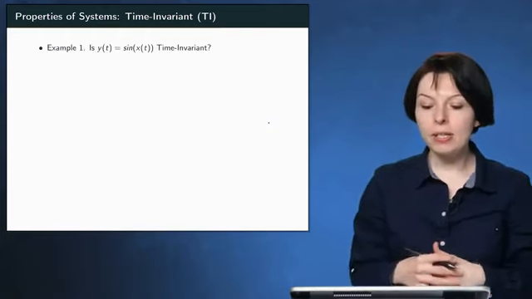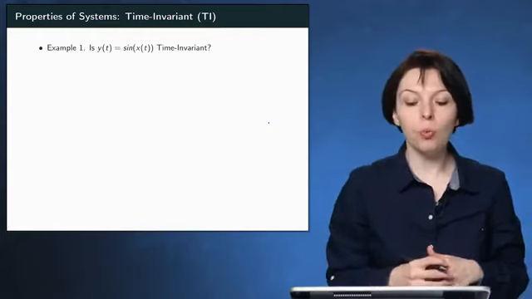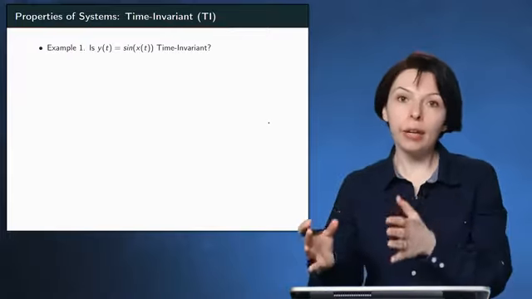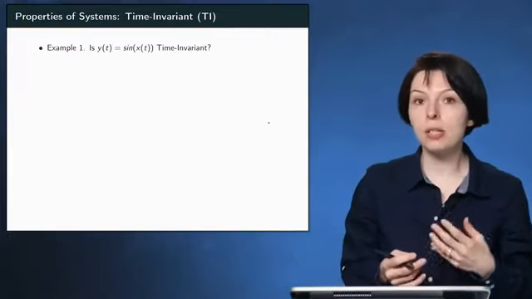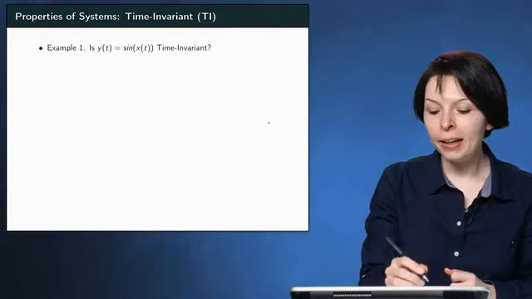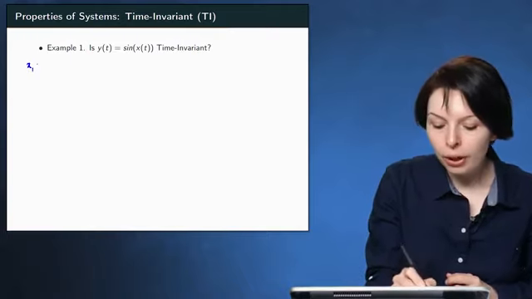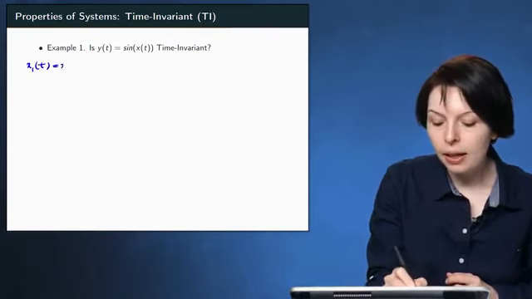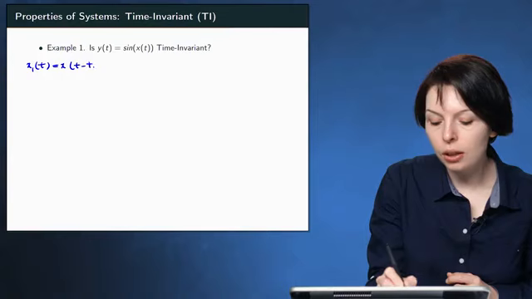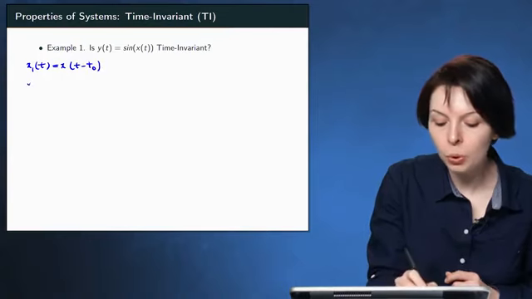Right. I have a system that's defined as y of t is sine of x of t. I want to know if this is time invariant or not. All right, step 1, I'm defining x1 of t as x of t minus t naught. Step 2, I want to find y1 of t.